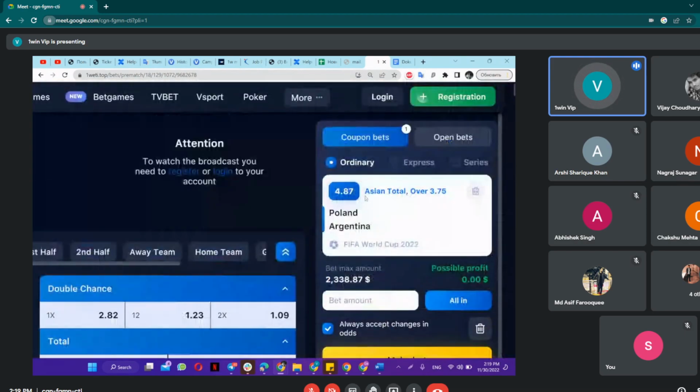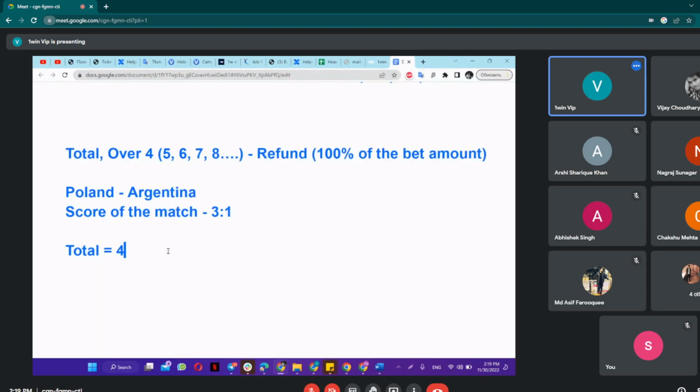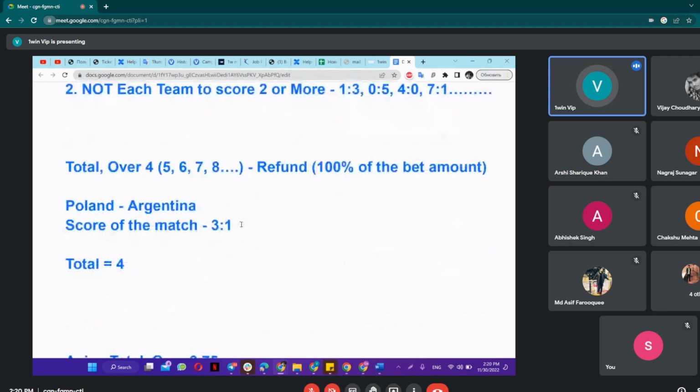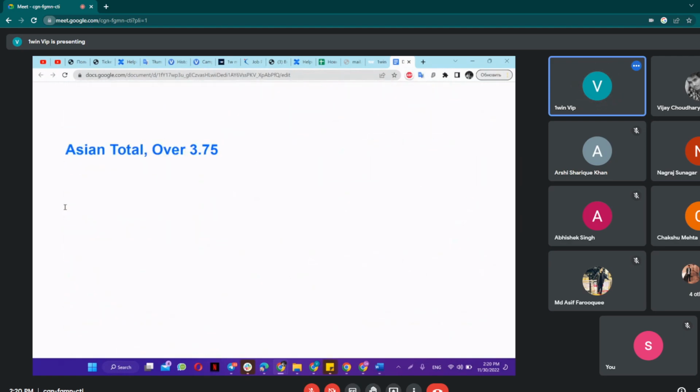And let's start with an example already. It will be Asian total over 3.75. Let's suppose we have the same teams, Poland, Argentina.